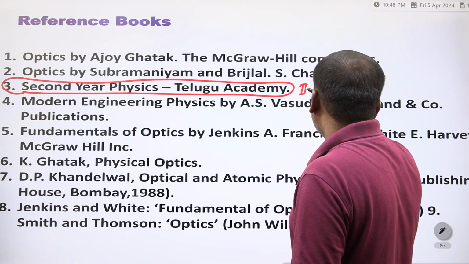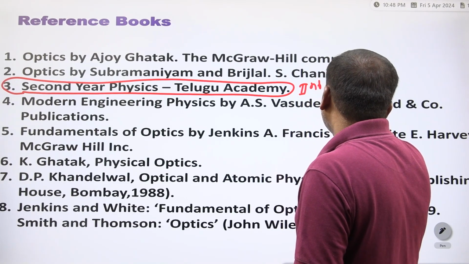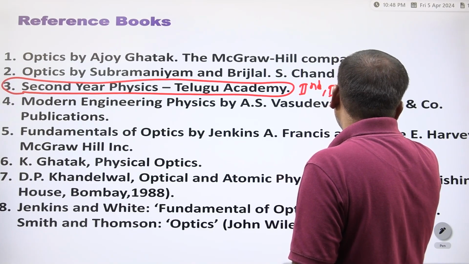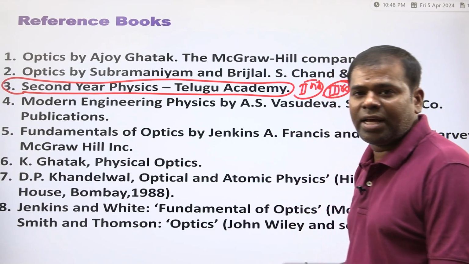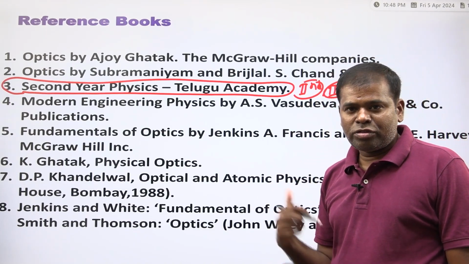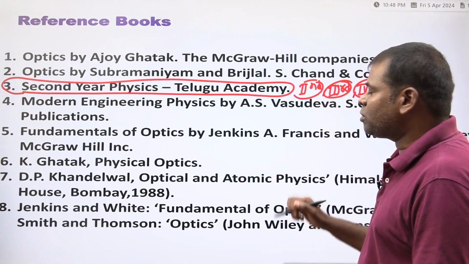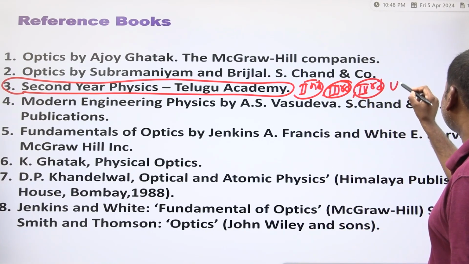You will get the second, third and fourth units, optics and thermodynamics, in it. Optics is in your second year, so you have to take the second year Telugu Academy book. Otherwise, unified physics second year also you can take.